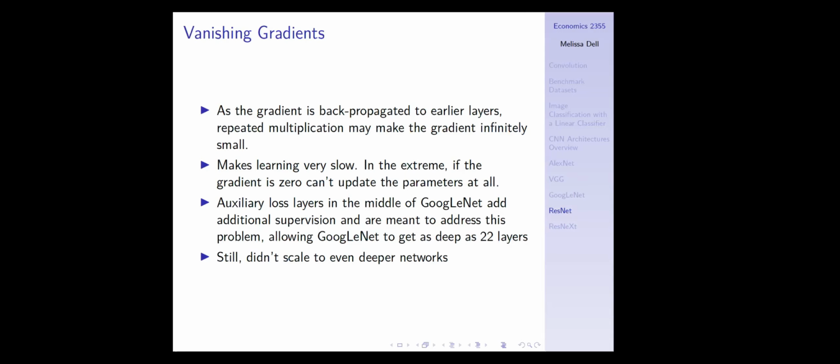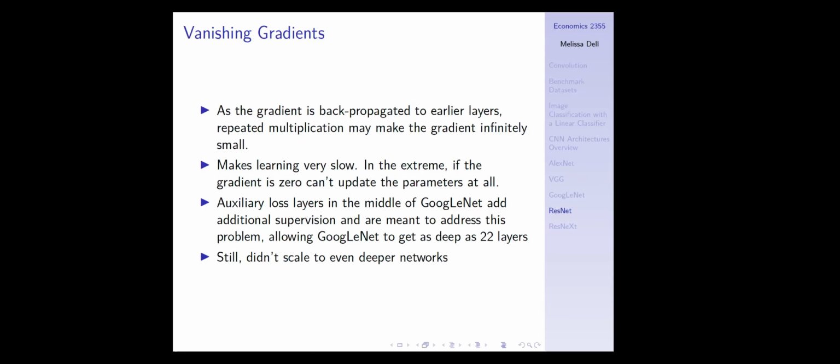And if the gradient is very small, your learning is going to be very, very slow. In the extreme, if the gradient goes to 0, then you can't update the parameters at all. This is a well-known problem, and that's what this paper gets around. As a result, residual networks, which is how it gets around that, have become dominant.